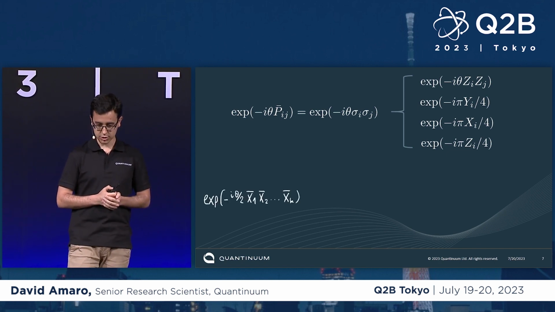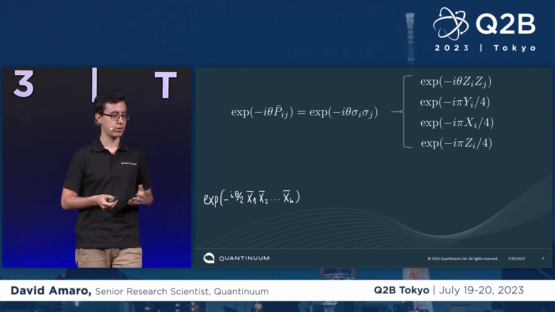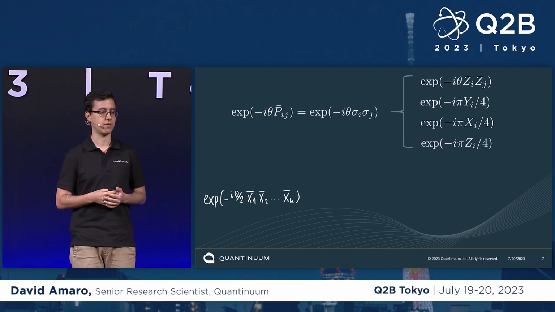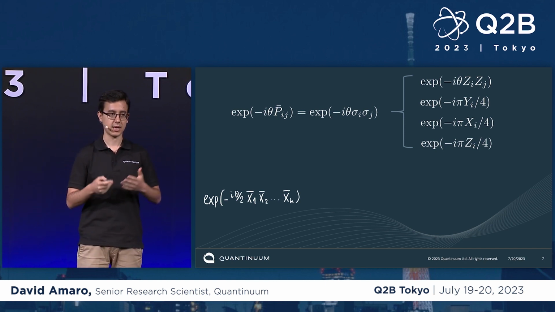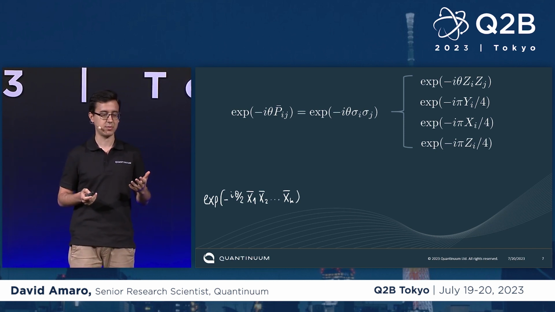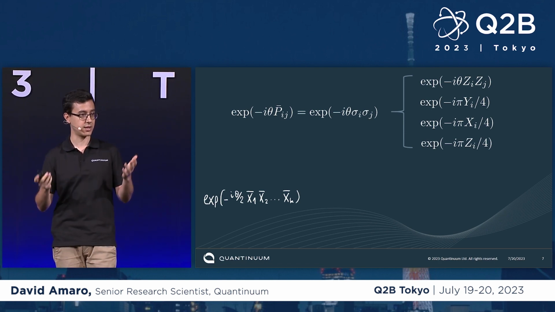In particular, I was talking about this global operator. So imagine that our quantum circuit requires implementation of a gate like this, a rotation over all qubits. This can be part of a quantum simulation experiment or some other more fancy QAOA.